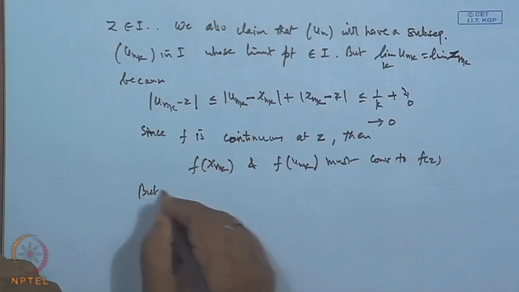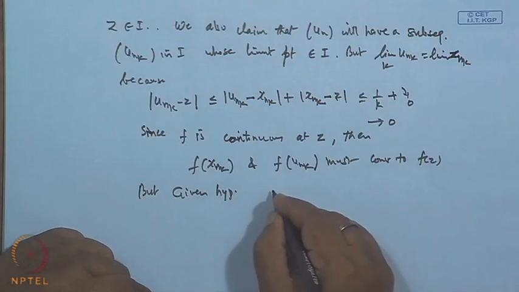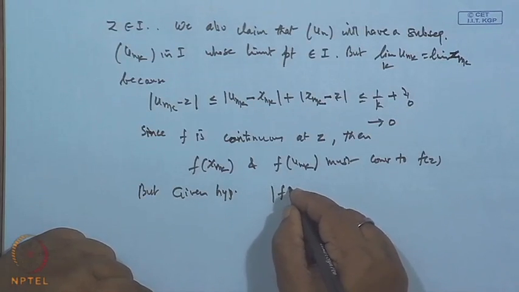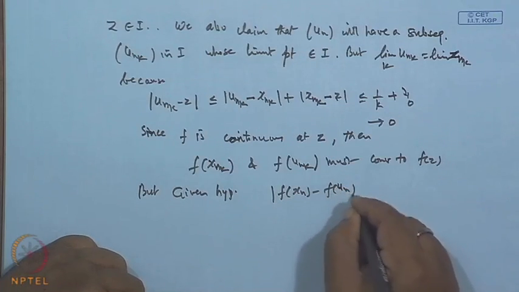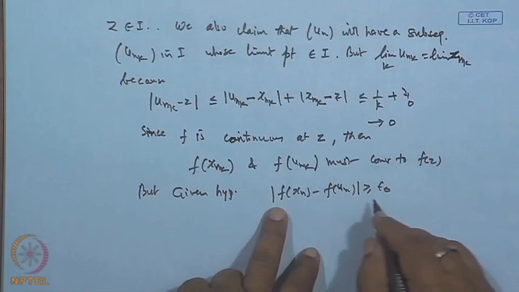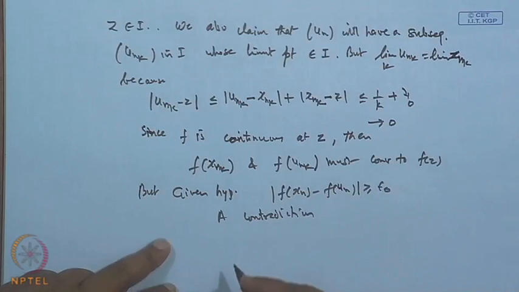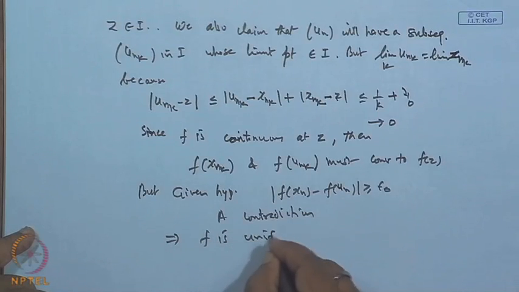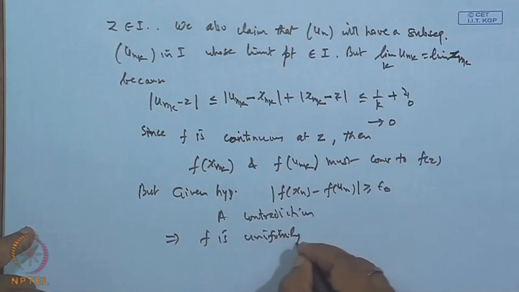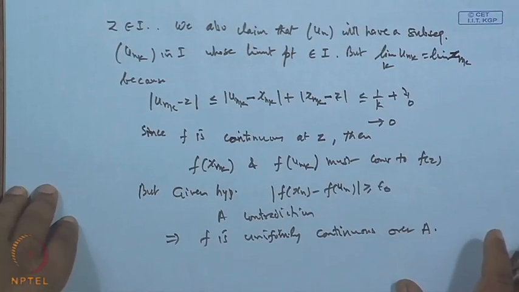But the given hypothesis is that the modulus of f x n minus f u n is greater than or equal to epsilon naught. This is a contradiction, and the contradiction arises from our wrong assumption that the function is not uniformly continuous. Therefore, f is uniformly continuous over I. That shows the result.